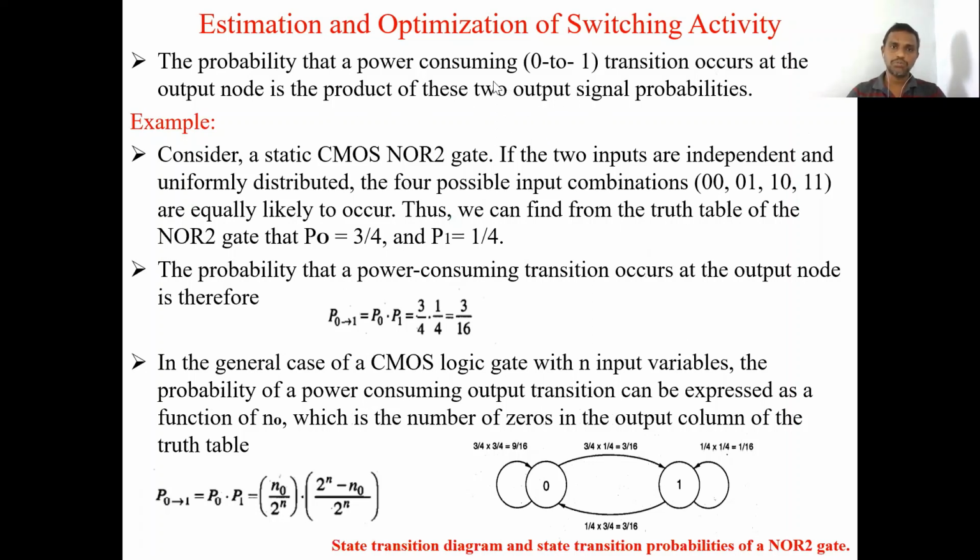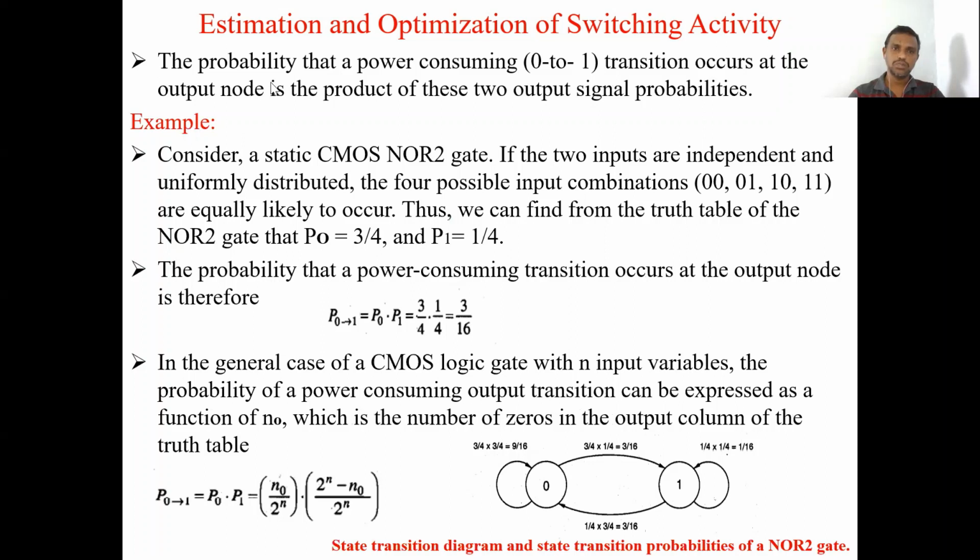The probabilities we have introduced here are P0 and P1. Both are the probabilities for logic 0 to get at the output side, and at the same time logic 1 to get at the output side. If you want to calculate the probability that a power consuming transition is taking place at the output node, we will multiply both the signal probabilities P0 and P1.